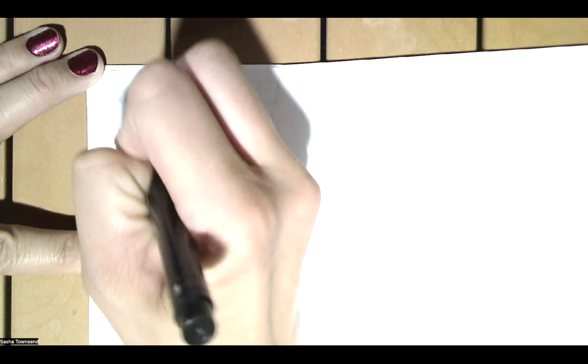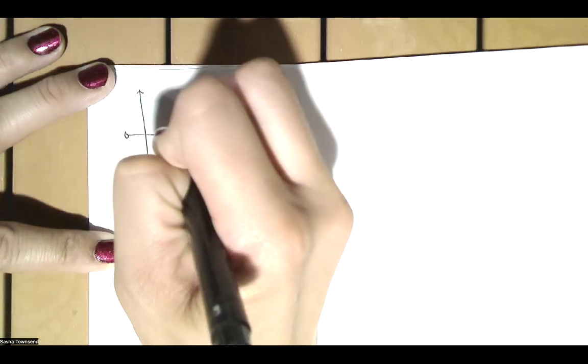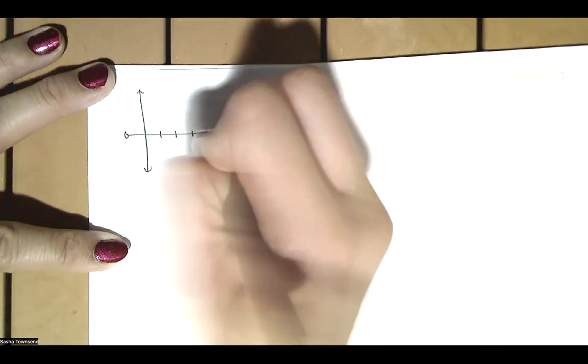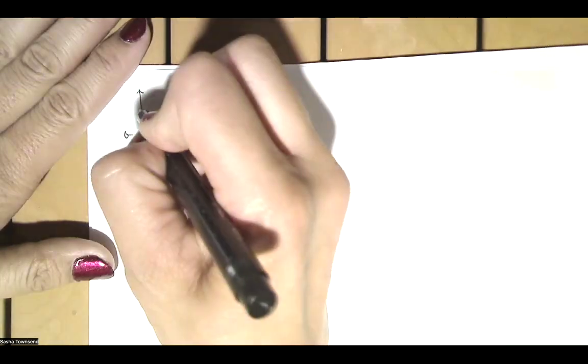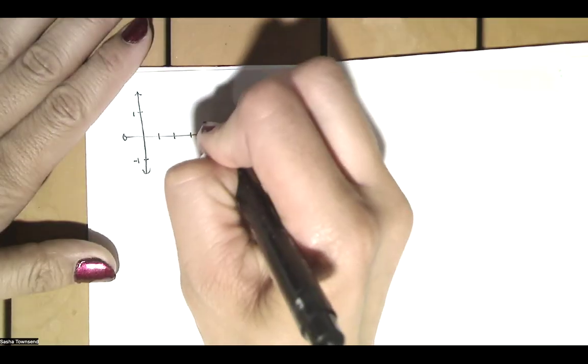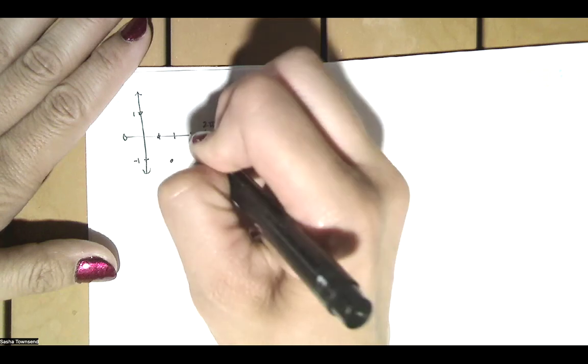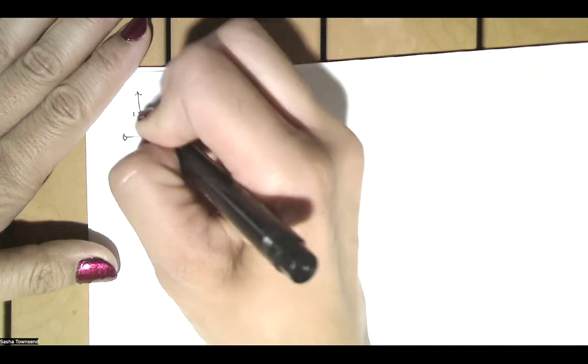The cosine function is similar, but instead of starting at 0 and going to its max, it starts at its max of 1. So its range is -1 to 1, its domain is all real numbers, and it repeats itself every 2 pi. We start at a max, and then we go to 0, then we go to the min, and then we go back to 0, and then we go to the max.